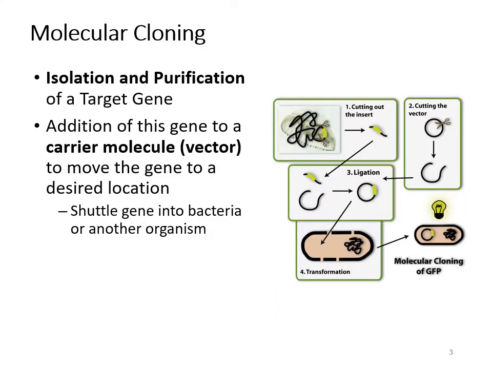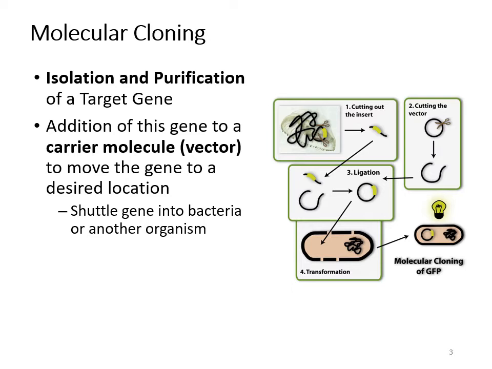So when you're going to use recombinant DNA technology, or basically genetic engineering, a lot of times we call it molecular cloning. What you have to do is cut a target gene out of a genome, and then cut a vector with the same nuclease, the same enzyme.